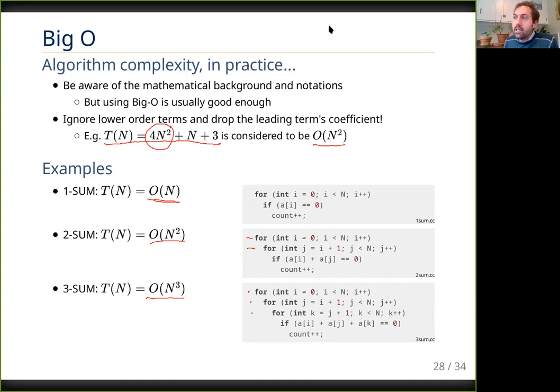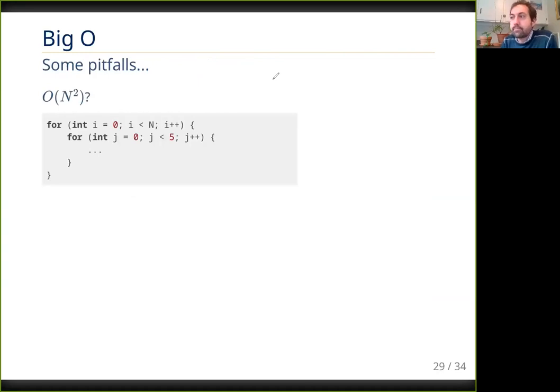Now you have to be careful. There are some cases where it doesn't hold, so let's see why. Look at this first example here. As you can see, you have two for loops that are nested into one another.